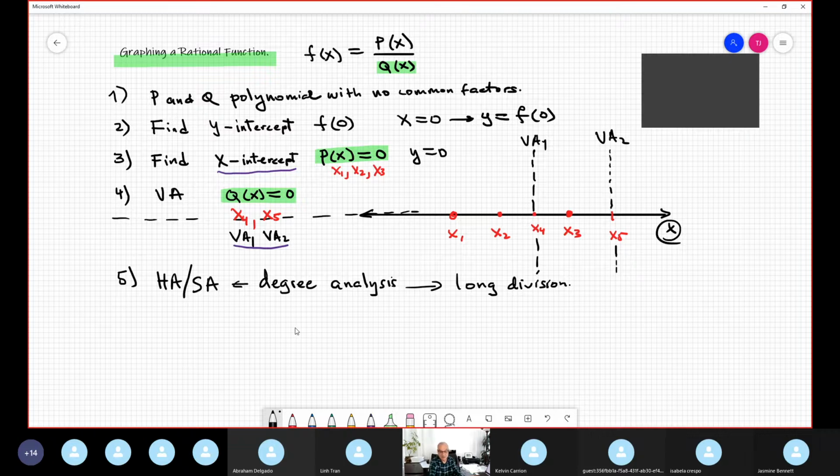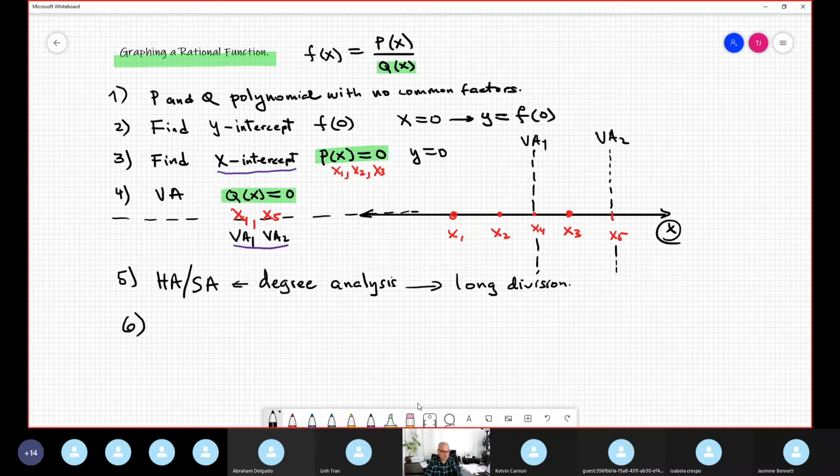Okay, number 6, which is important and some students forgot, is analysis or test of symmetry. This is important and students forgot test of symmetry. Why is important?